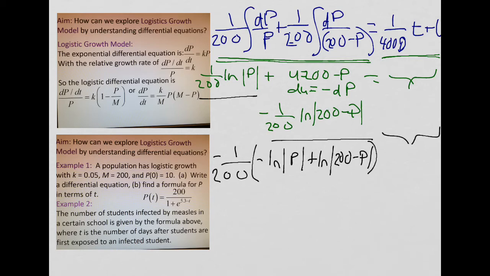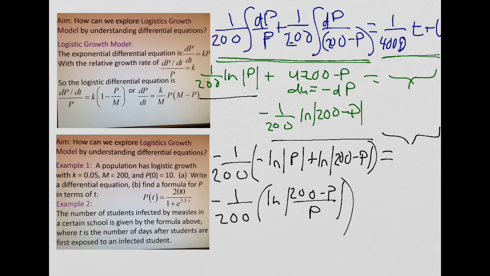Again, I'm just bringing down the right-hand side. So over here it becomes, combining the log expressions, ln absolute value of 200 minus p over p. So remember to review your properties of logs. Again, I'm just bringing down that side of the equation. But because I have the negative 1 over 200, I can multiply by negative 200 on both sides.